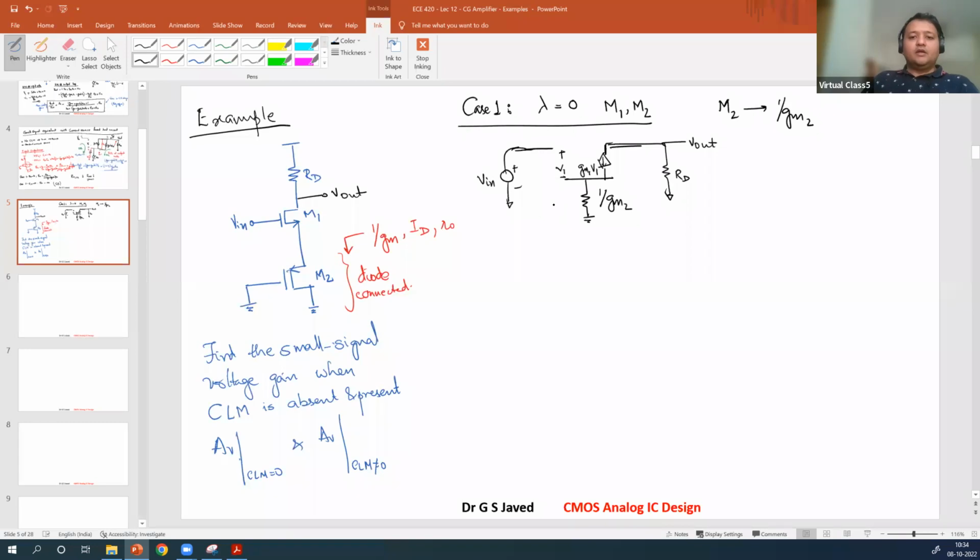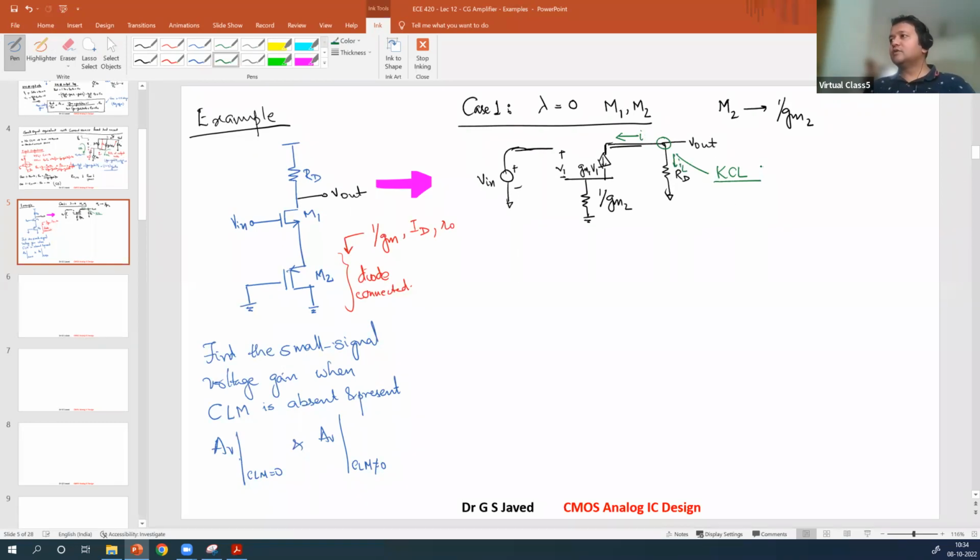What are the two things that we can do analysis-wise? We'll first apply the easiest one to do, KCL. What happens when you apply KCL here? KCL gives you, this is your ID current, this is your IL current.